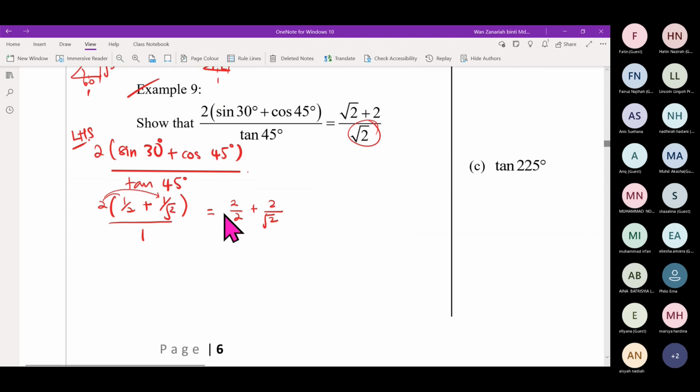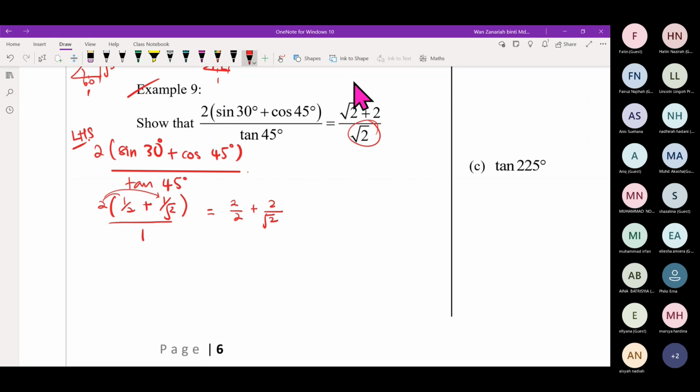Okay. So how do you equalize the denominator? How can I get 2? Using root 2 ni. So everyone know root 2 times root 2 dapat 2.